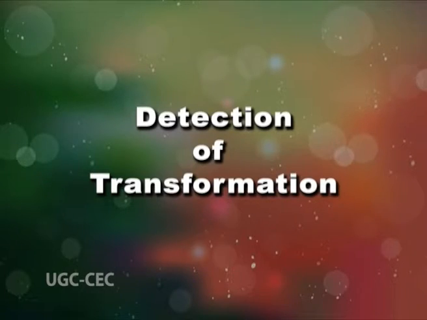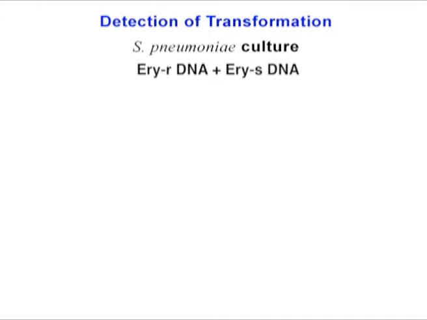Detection of transformation. Transformation is detected by selection for inheritance of a phenotype from the donor DNA by the recipient cells. For example, purified DNA obtained from an erythromycin resistant culture of S. pneumoniae is mixed with the cells from an erythromycin sensitive culture and incubated to allow the DNA uptake for phenotypic expression of antibiotic resistance.